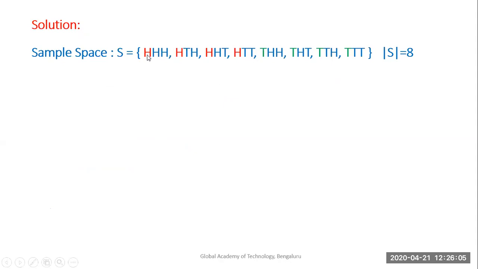The first one is first toss head, second toss head, third toss head. Or it can be first toss head, second tail, third head, and so on. Out of these 8 possibilities, in 4 possibilities the first toss will be head. In the remaining 4 possibilities, the first toss will be tail. Totally there are 8 possibilities.